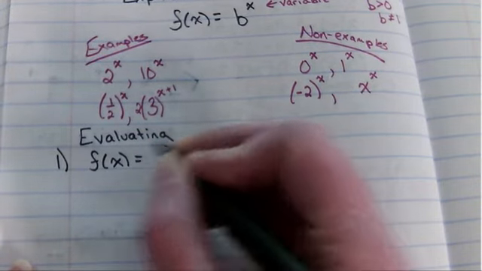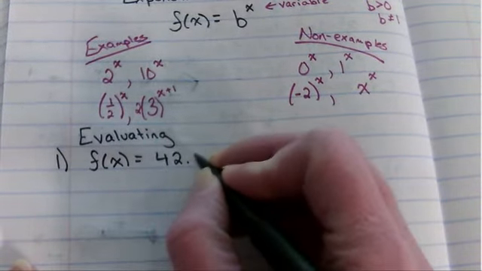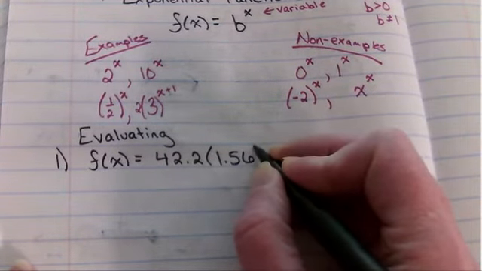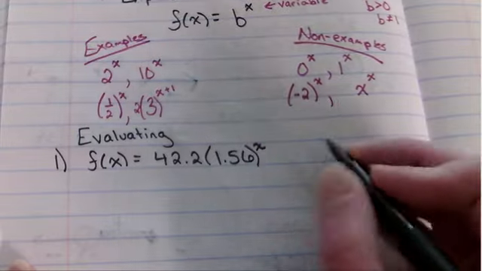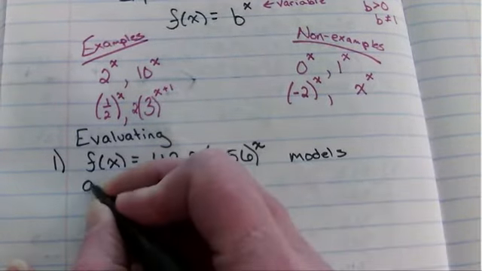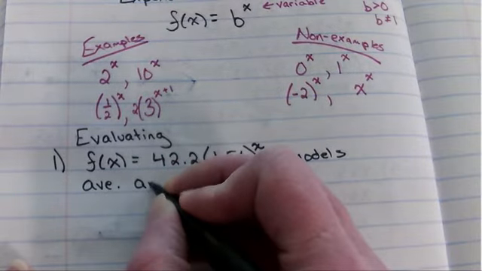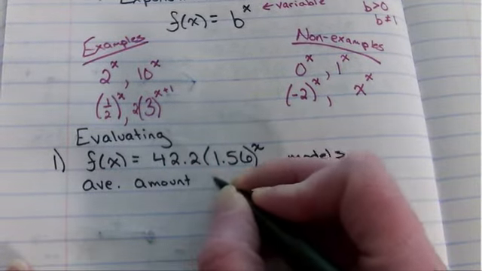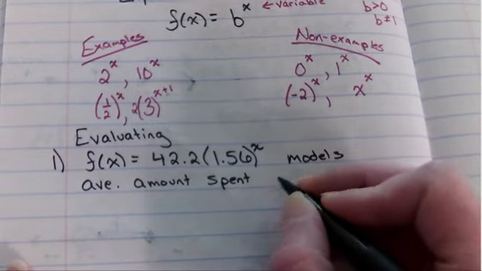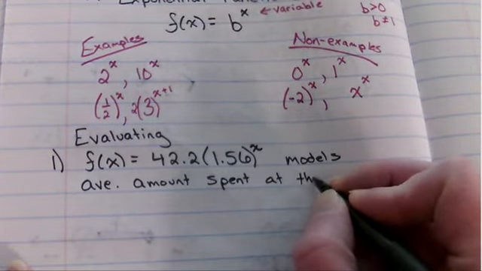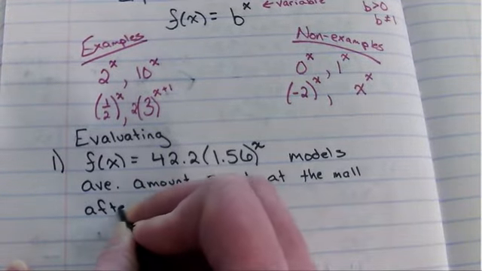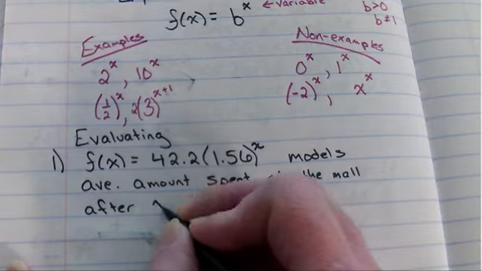f of x equals, let's see, 42.2 times 1.56 to the x. And let's say this models the average amount spent at the mall after x number of hours.